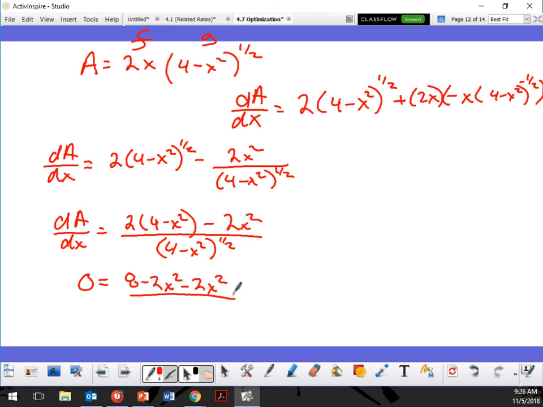So 0 equals 8 minus 4x squared, so 2 equals x squared. Yep. And then radical 2.